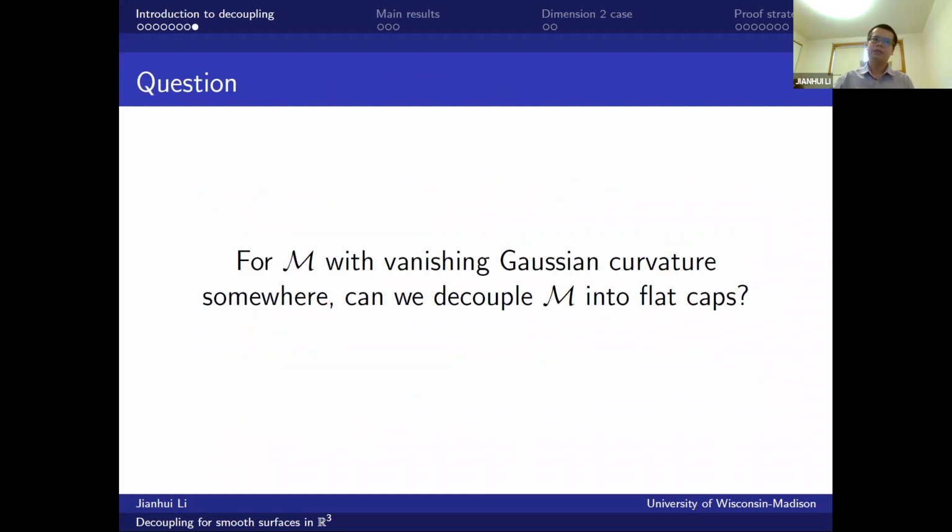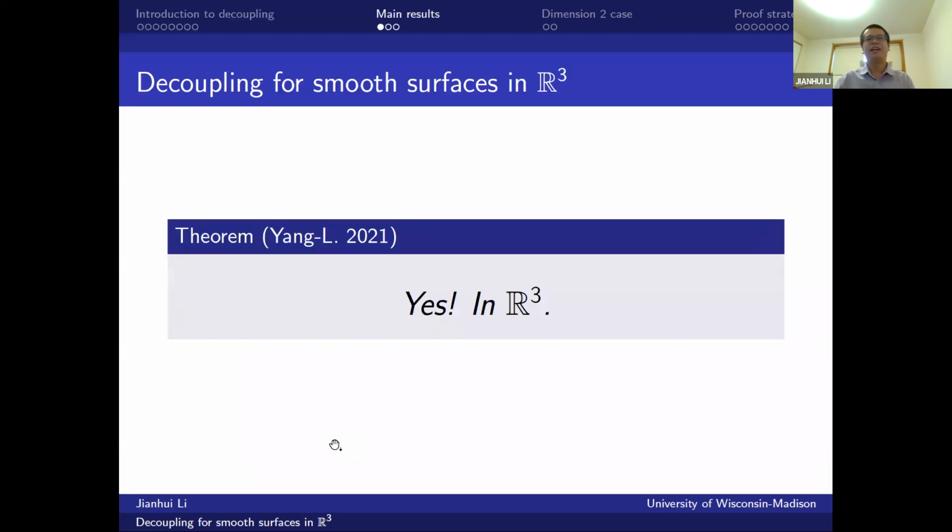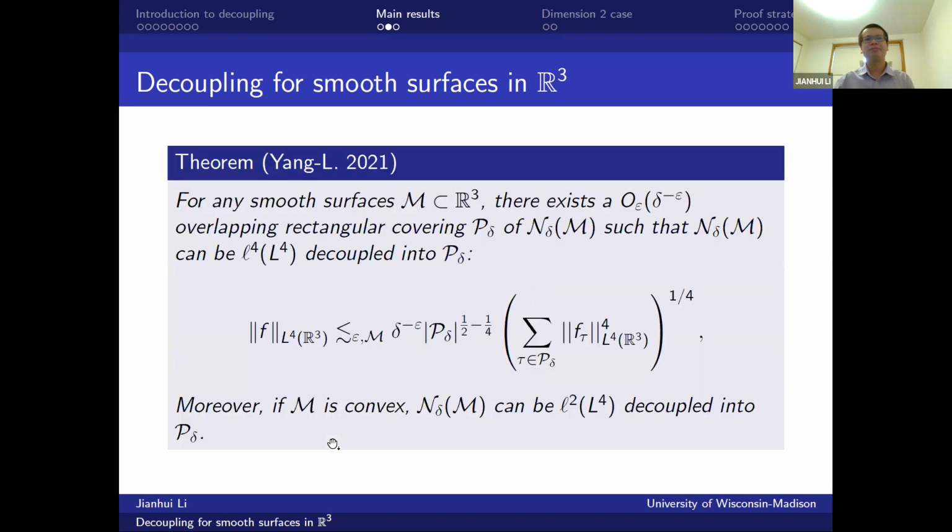So the question is, for a manifold with vanishing Gaussian curvature somewhere, it can vanish somewhere, of course, can we decouple M into flat caps? Is it possible? Okay. And the answer is yes, but in R^3. And this is our main result. Okay, let me write the long version or the accurate version of this. It is quite accurate already, and the slightly dishonest part is that the overlapping is not that good.